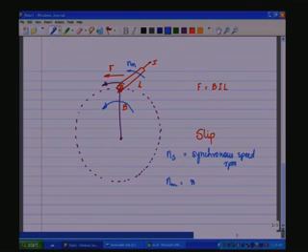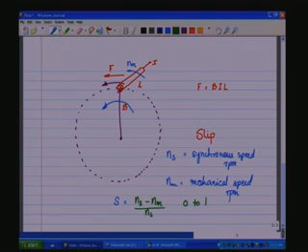This is the mechanical speed of the rotor in RPM. Then slip S is given by (ns minus nm) by ns, and it is a value which ranges from 0 to 1.